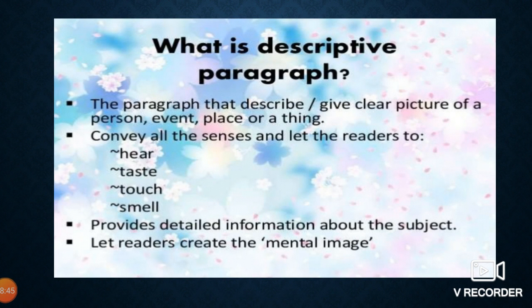Through those senses, it provides detailed information about the subject and lets a reader create a mental image. You have to color a picture in front of the reader's mind through your words.